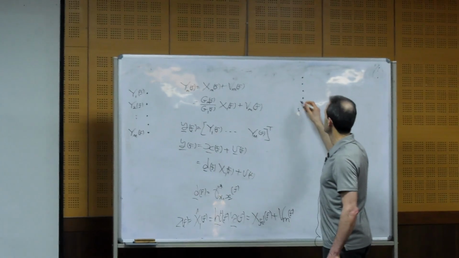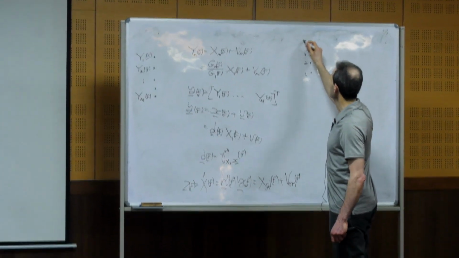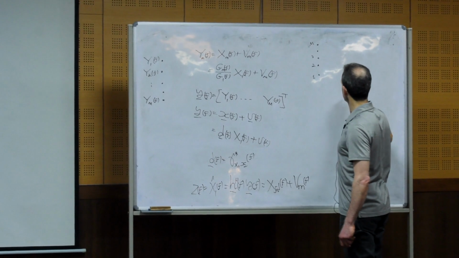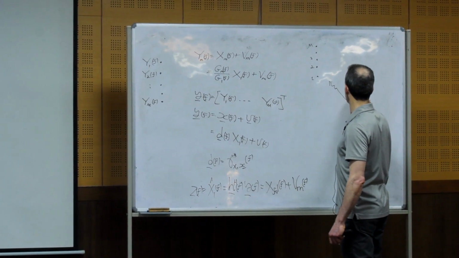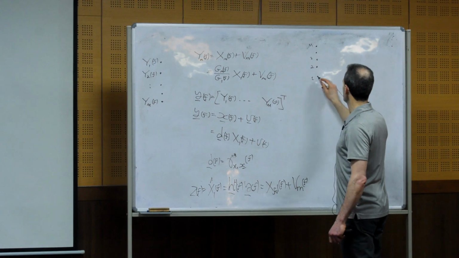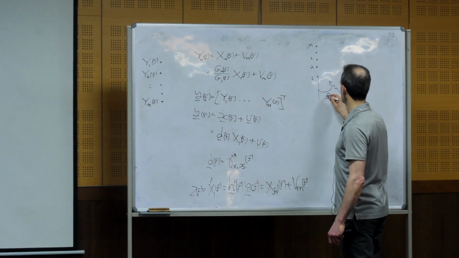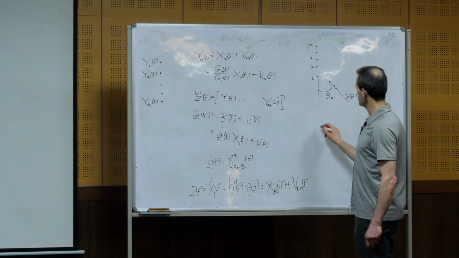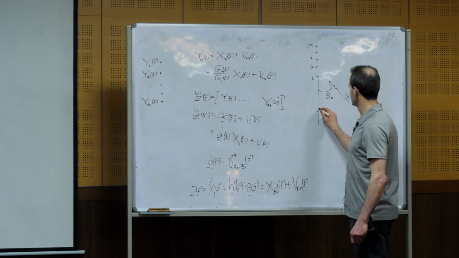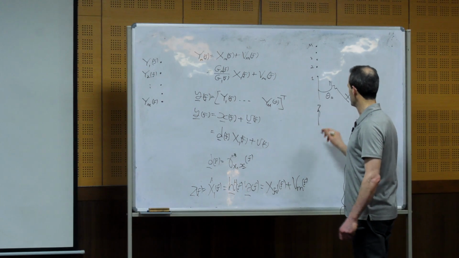Suppose that the desired source comes from theta 0, and suppose that this is the array, sensor number 1, 2, 3, and so on. And there is an interference that comes from the endfire.